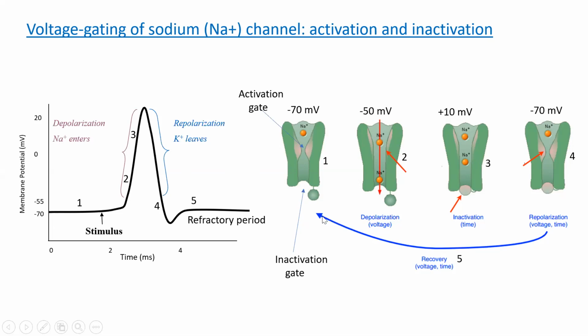All right, so both the activation gate and the inactivation gate play a role in the flow of sodium into the cell. The sodium stops, and the sodium is then cut off. And at the end, because the inactivation gate is still closed, there's a period before it opens again until the neuron is ready to fire and respond to a stimulus again.